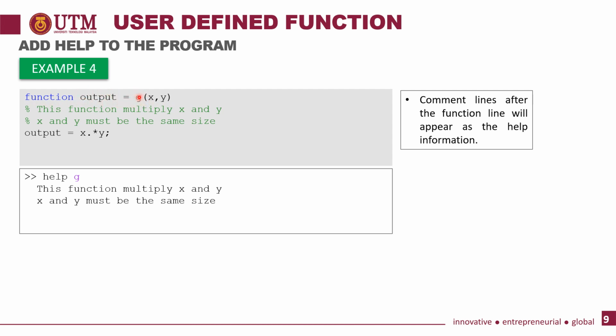The input of your function is x and y. Then you comment after your function's initialization, and it can function as help. It means that you can describe what your function is all about. Then you initialize your output, and this is the expression of your function.